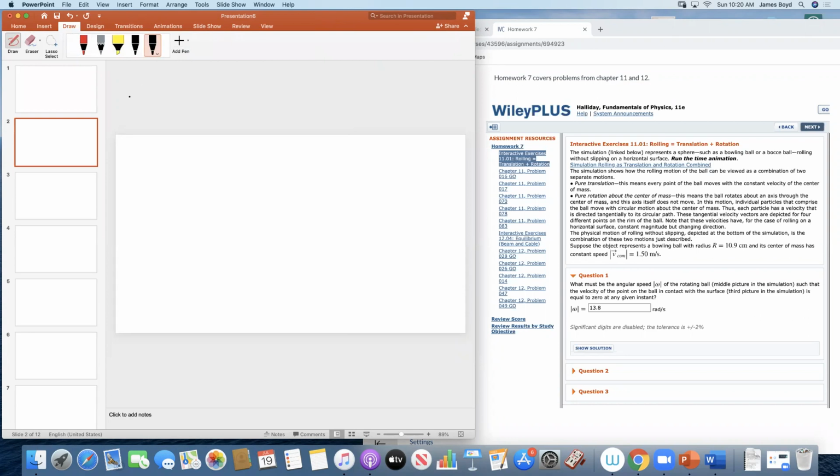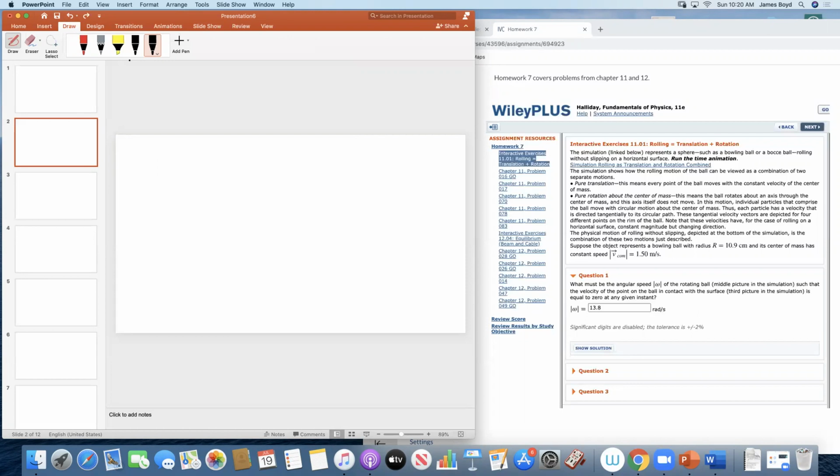Homework 7 is all problems from chapter 11 and chapter 12. But there's a lot of energy of rotation in here and torque. So as we go through it, I'm going to try to highlight different things and show you what the simulation is showing. I figured this would be easiest.